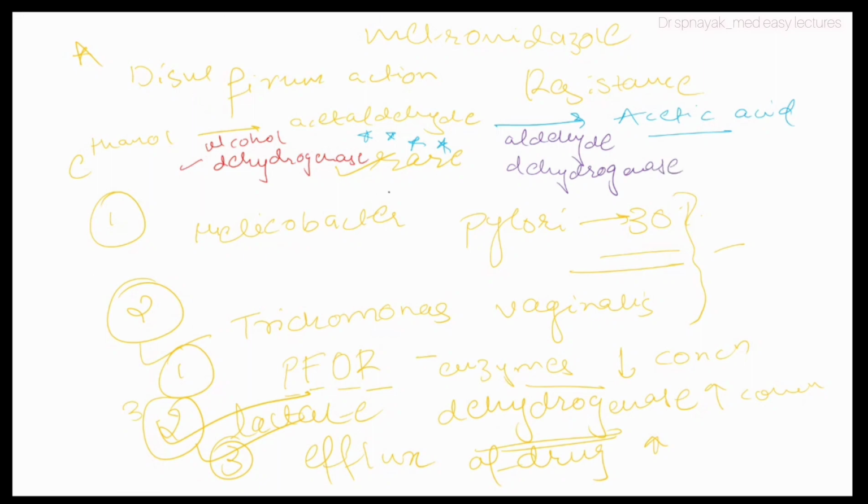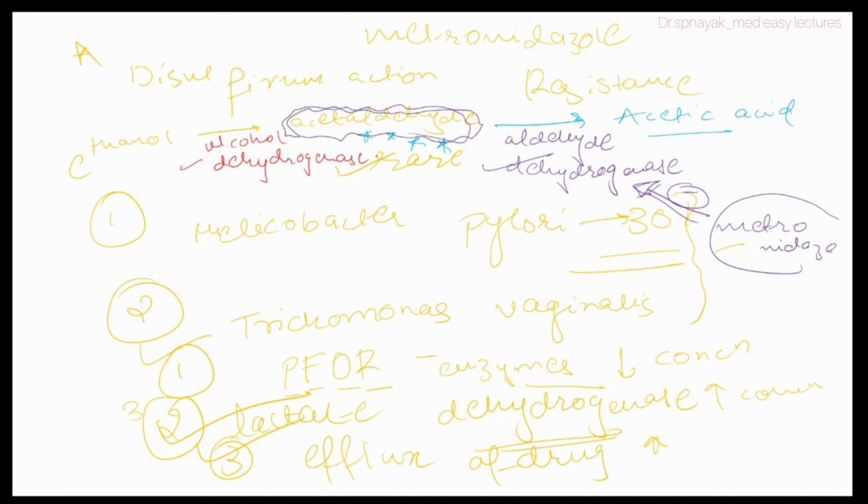But what metronidazole does is this: metronidazole will inhibit this enzyme aldehyde dehydrogenase. So what happens? The acetaldehyde concentration in the body increases, which is very toxic.